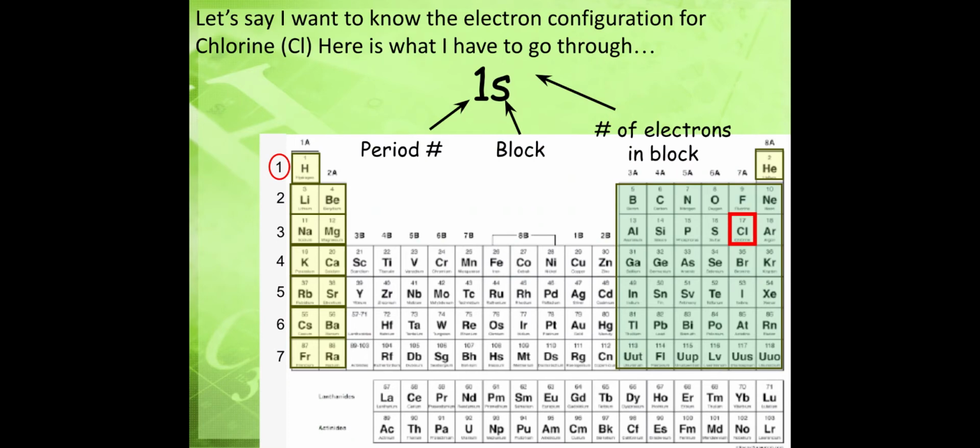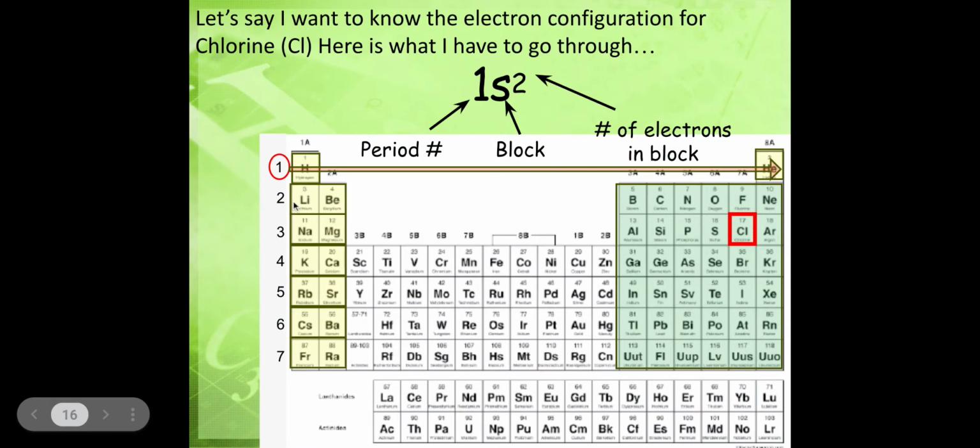Now, how many groups do you go through? You go through hydrogen and then you go through helium. That is two groups. How do we write it? We write it as a superscript on top of that orbital. So we write it as 1s2. By the time we pass helium, we come right down here to lithium.